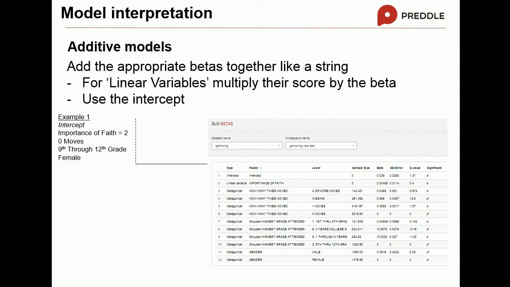All we do is pick up the relevant betas and add them together. Pick up the intercept first. Their importance of faith linear variable beta was 0.00458. So multiply this by their importance of faith score of 2 to give 0.00916. 0 moves has a beta of 0 because it's the base level.